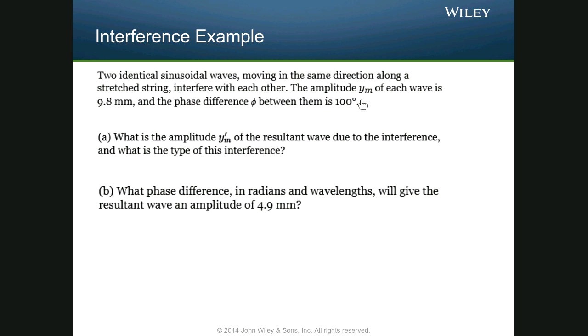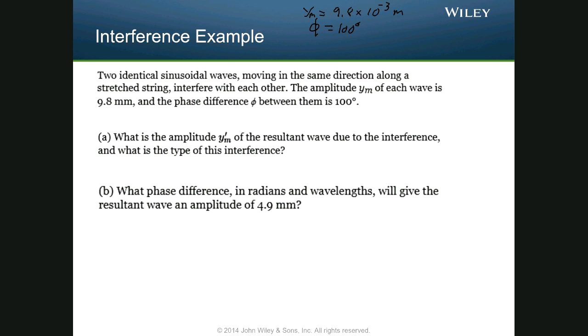So before we even ask what they're looking for, we've been given ym, which is equal to 9.8 millimeters, or 9.8 times 10 to the minus 3 meters. And the phase difference between the waves is equal to 100 degrees. You can turn that into radians if you want, but I don't think it'll be super important here.